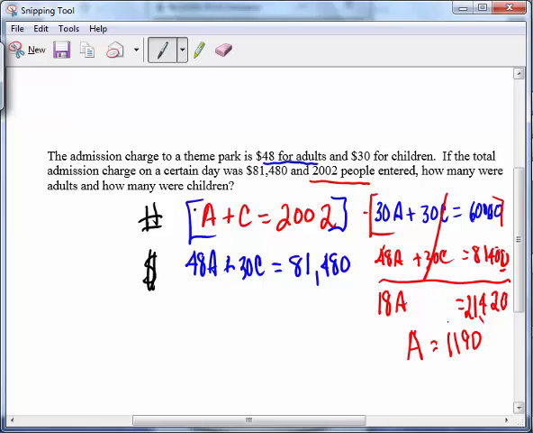So if we take 1,190 away from 2,002, we get the children is 812. Okay, let's do it on our calculator.